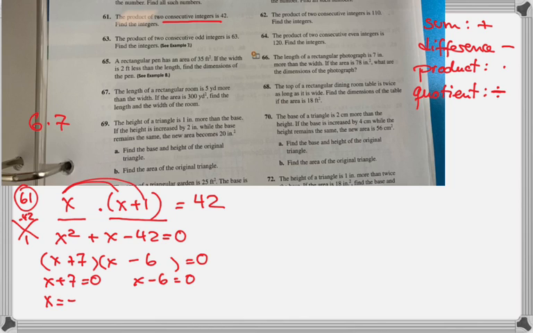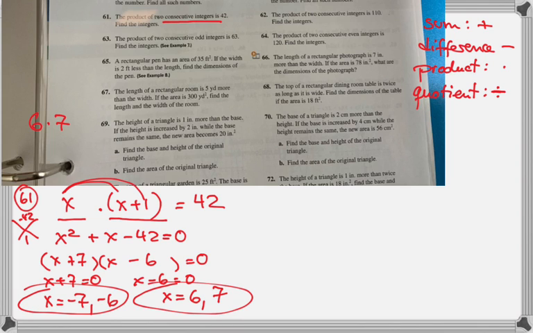X is equal to -7 and x is equal to positive 6. So now we have to find the consecutive next numbers. The consecutive number of 6 is 7, and the consecutive number to -7 is -6. You have to have both combinations here.